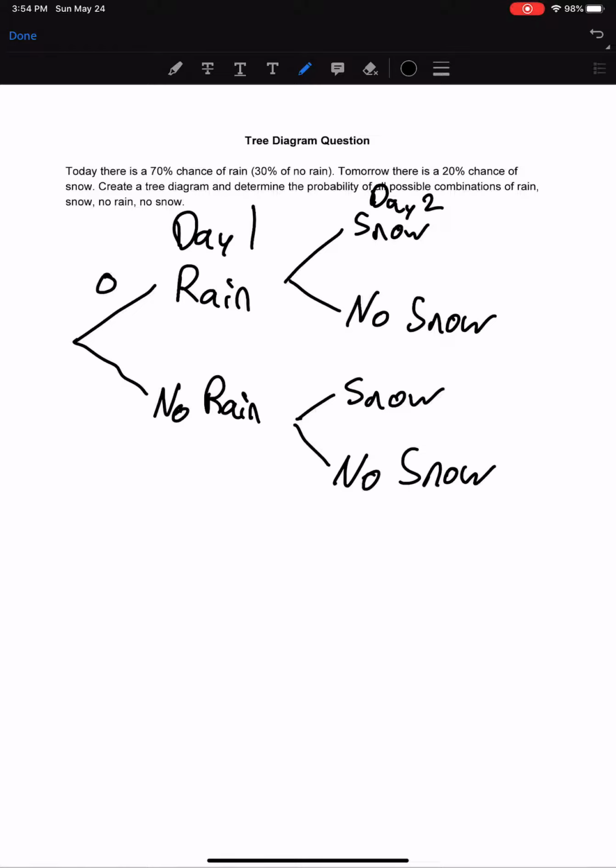So I could say, oh, this is a 0.7 or 70% chance, and this is a 0.3 probability or 30% chance. And we can do the same with the snow versus no snow. So to snow is 0.2, to not snow is 0.8. And we can do that for each of the branches. So now we essentially have with each branch an associated probability.